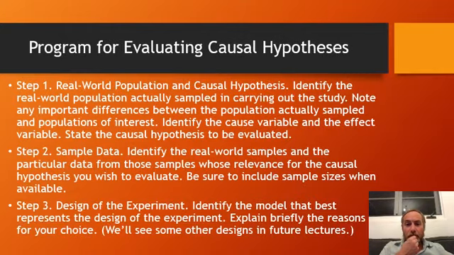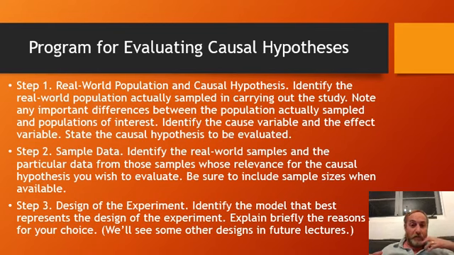Okay, having done that with the real example, here is the program, the format that your homework and your exam will follow. Step one: what is the real world population and what is the causal hypothesis? Identify the real world population actually sampled.